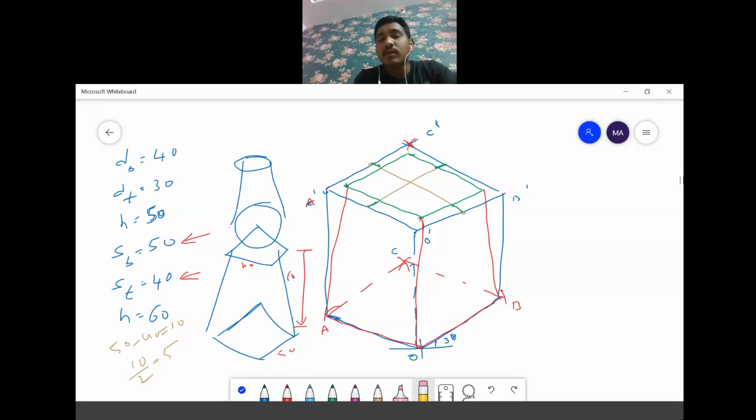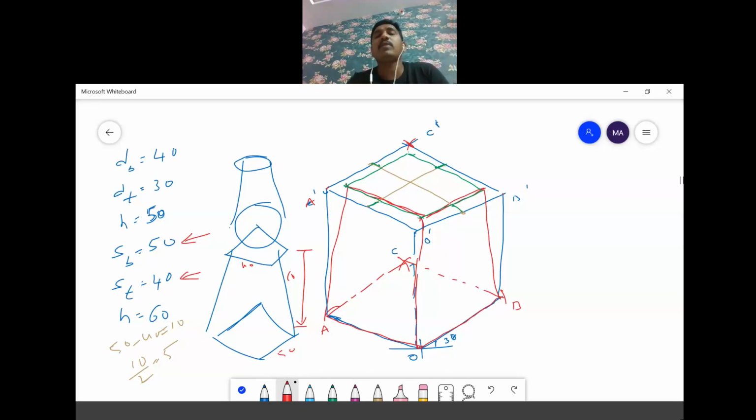This one also should be dotted. And this green color one which you have drawn should be the dark one. All the other lines should be very light. This one will be your frustum of a square pyramid. Is it clear?